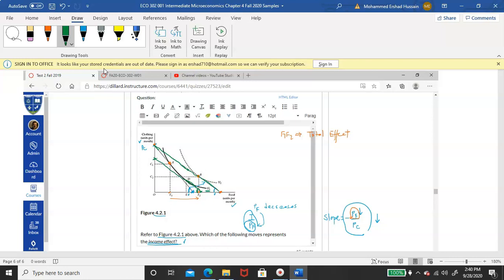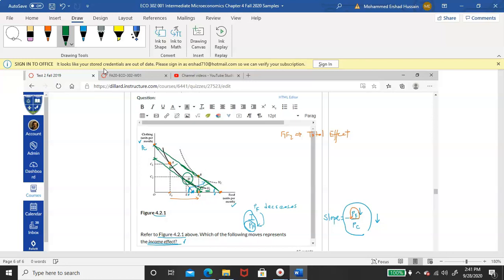So this budget line is a parallel shift inward, and it is tangent to the U1 indifference curve at point D.